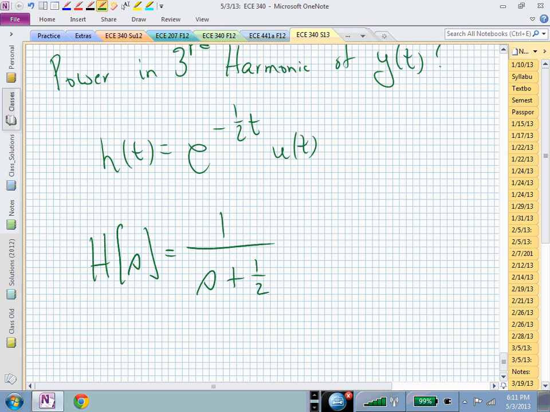E to the minus 1/2 t is stable, isn't it? That one's decaying, so when we have stable, what do you know the poles are going to be? They're going to have negative real parts. So if you start questioning, is that a minus, is it a plus, start thinking through what should it be. You know that this is well behaved in the time domain.